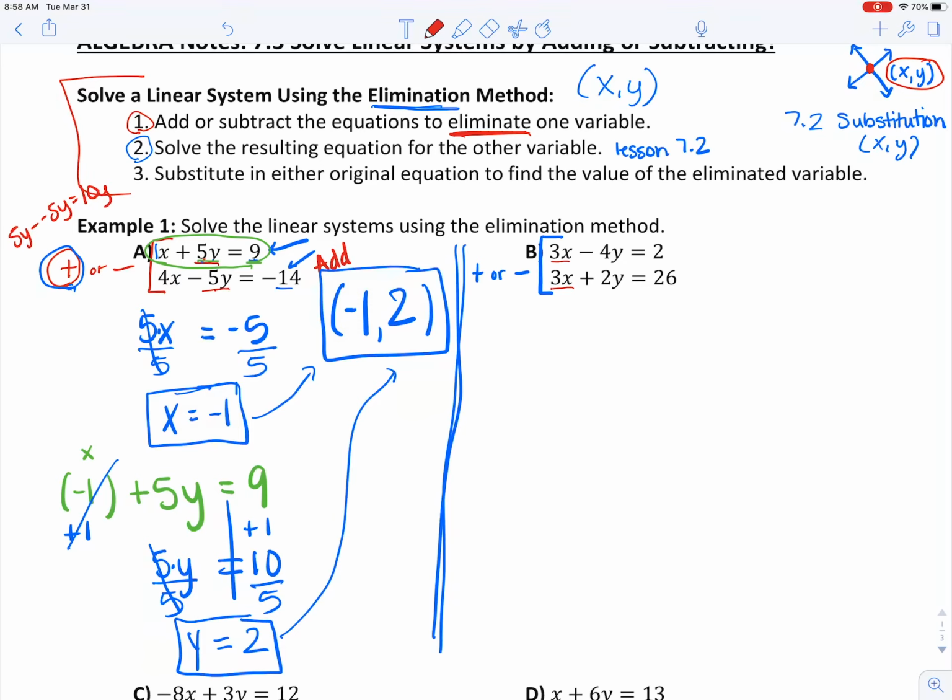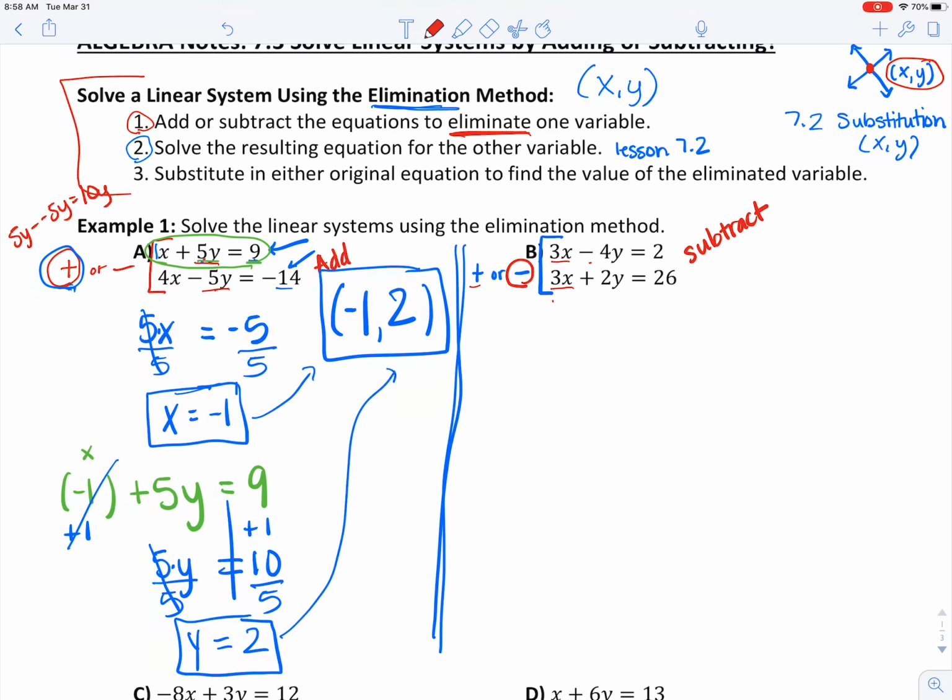So now I have to ask myself, if I did 3 plus 3, does that give me 0? No, it does not. If I did 3x minus 3x, does that give me 0? Yes, it does. So we are going to subtract those two equations. So like we said, 3x minus 3x is 0.